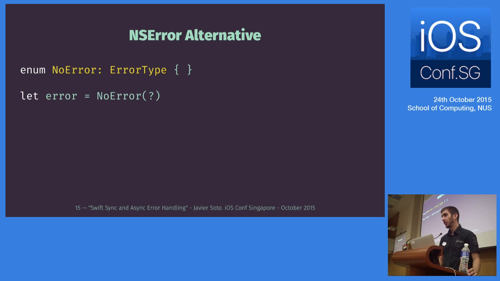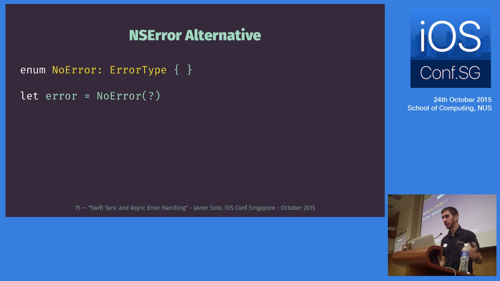And there's also this really cool thing that you can do with error type. It's actually kind of funny. If we create a no error enum and we declare it as error type, we can use this in our APIs as well and say this API is going to return errors of type no error. And that sounds really weird, right?